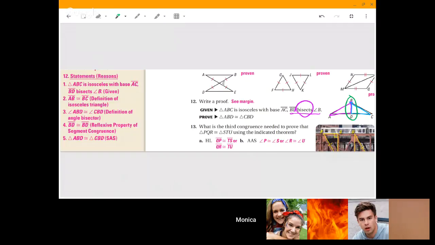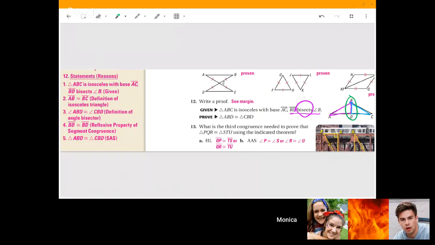So what do we know about that side? We know that that side is itself, right? It's the same thing. And when something is itself, what do we call that? What property do we call that?